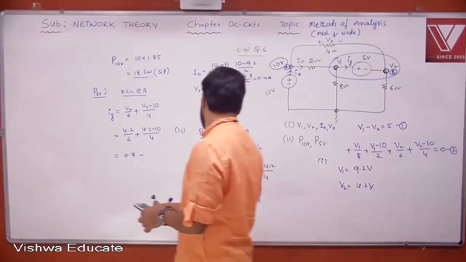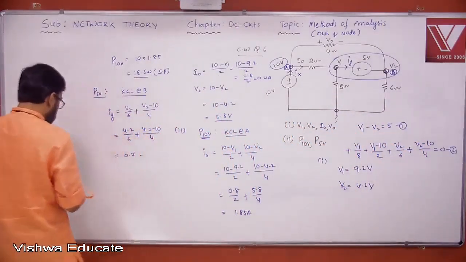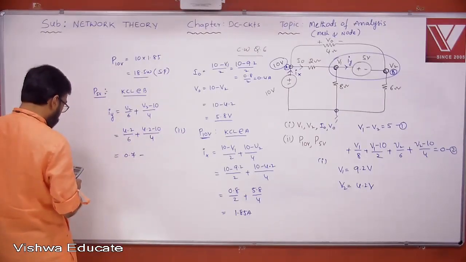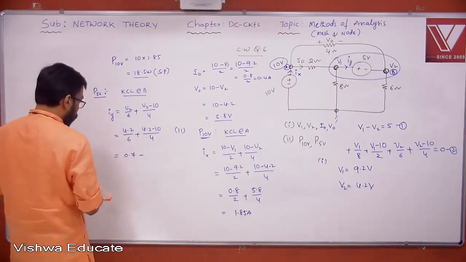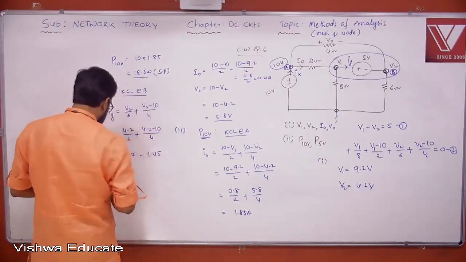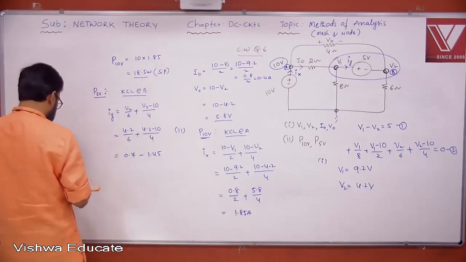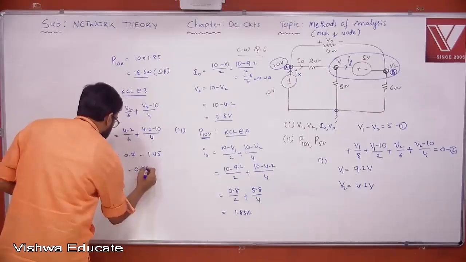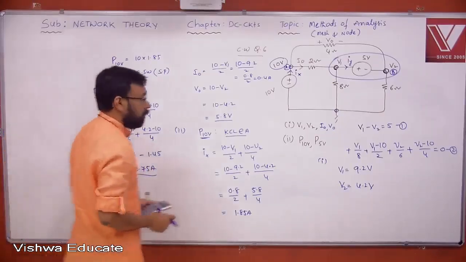It is actually 5.8 by 4, which will give you 1.45. So minus 1.45 minus 0.7, so minus 0.75 ampere. That's it.